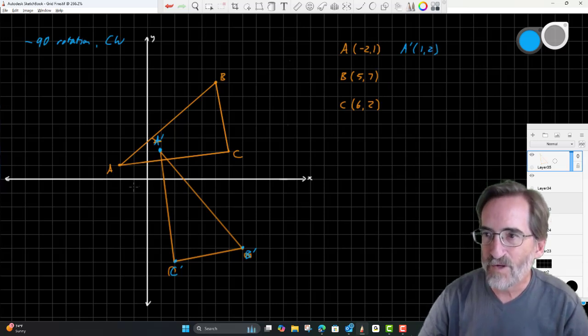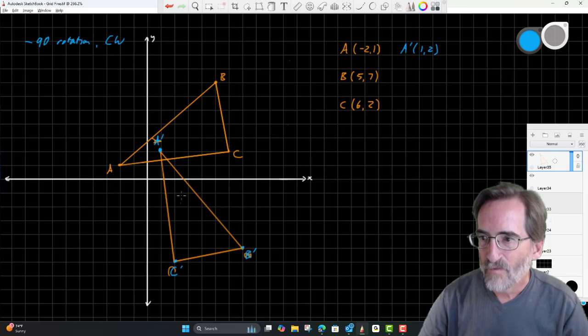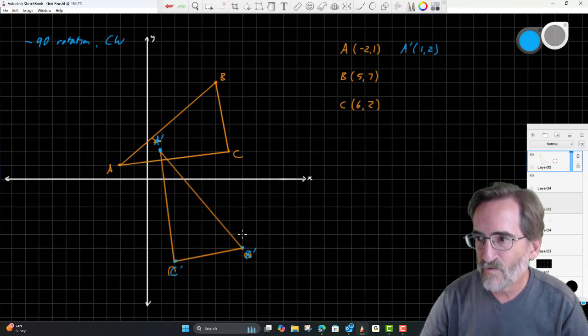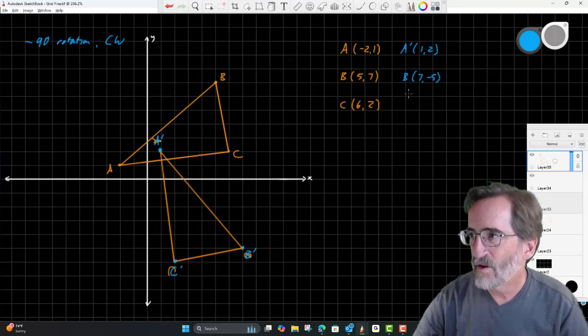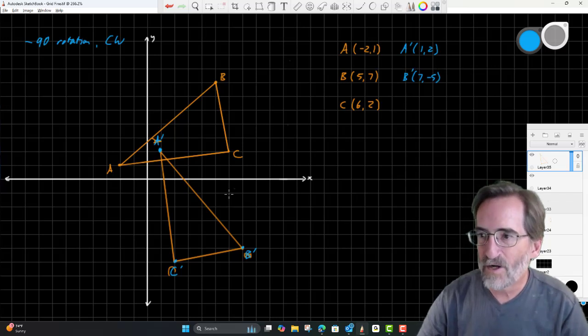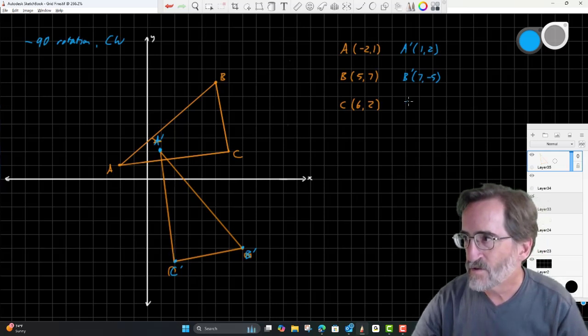B was (5, 7), and B prime became (7, -5). C was (6, 2), and C prime became (2, -6).